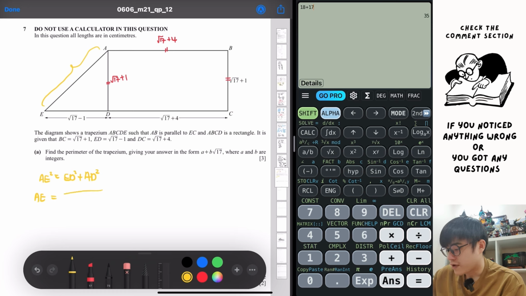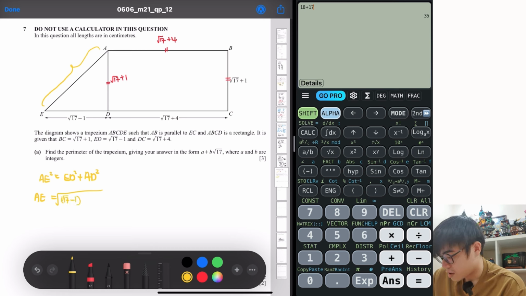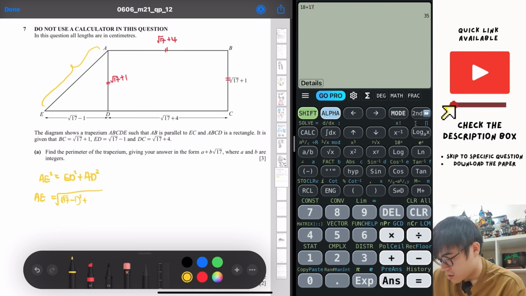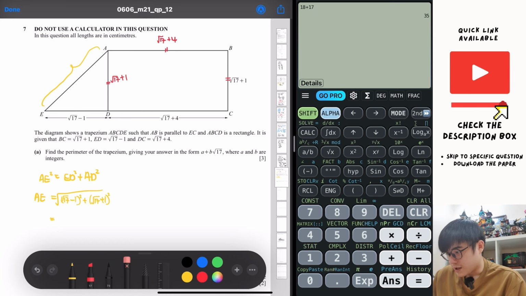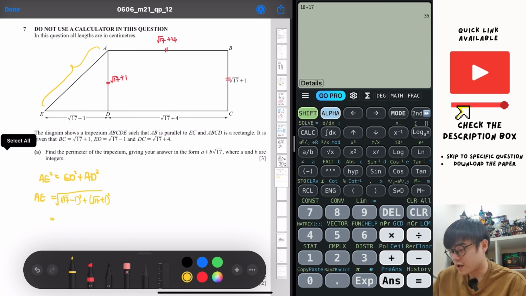If you identify AE's result, please remember to add a square root to get rid of the square there. Then fill in the blanks accordingly. Like they mentioned, do not use a calculator. So try to write as many details as possible for your calculation.